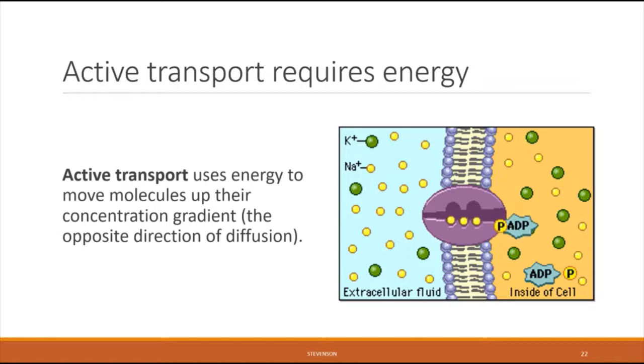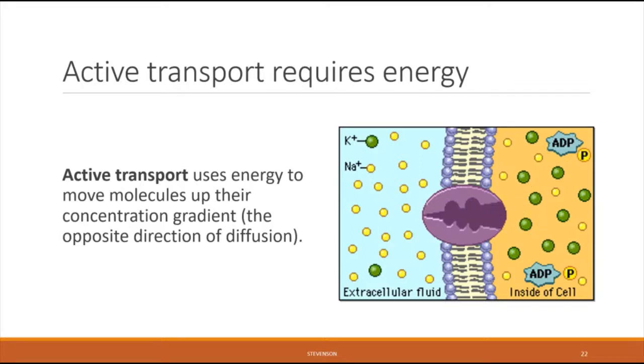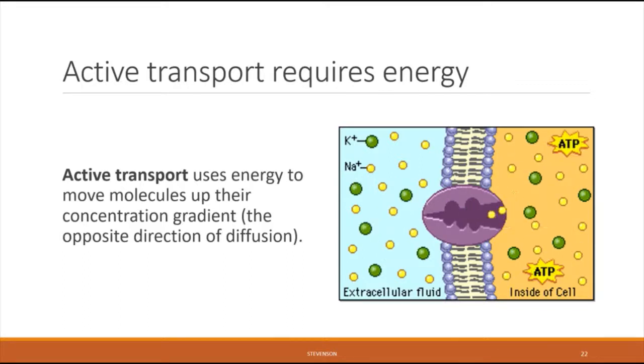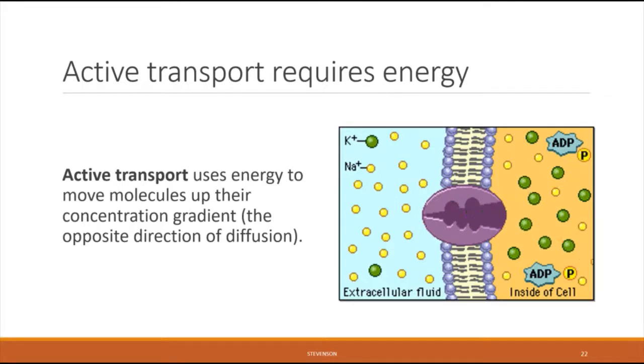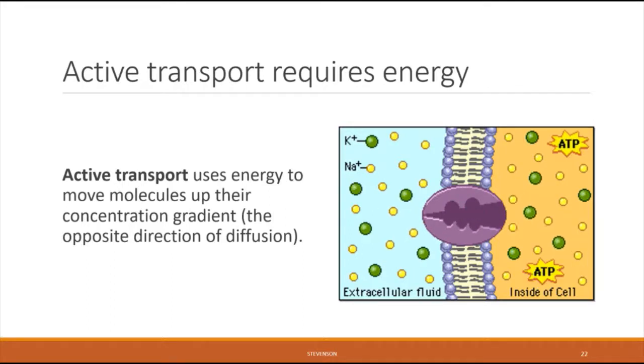And when it does this, it expends a particular type of fuel called molecules of ATP, which we'll talk more about later. But that's what you can see going on in this animation right here. We can see these little molecules of ATP being expended in order to pump molecules back and forth across the membrane in the opposite direction that diffusion would dictate.